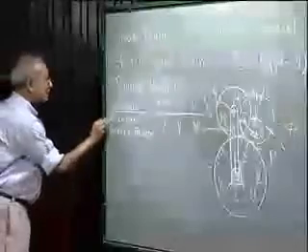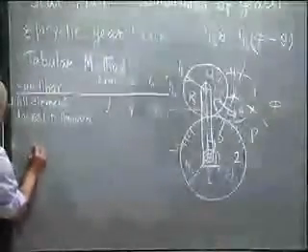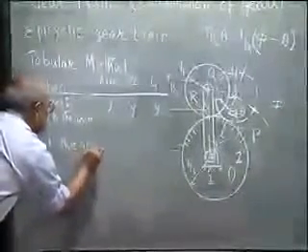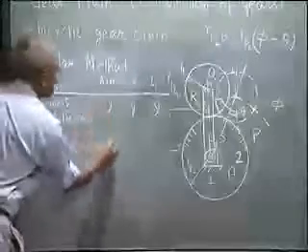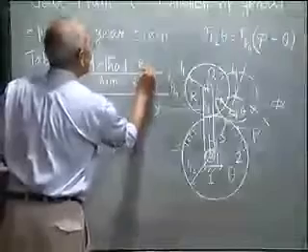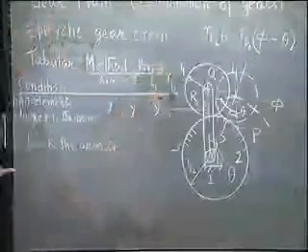The second condition I consider is to lock the arm. That does not allow the arm to move. That means these are the revolutions of the arm, gear number 2, gear number 4.